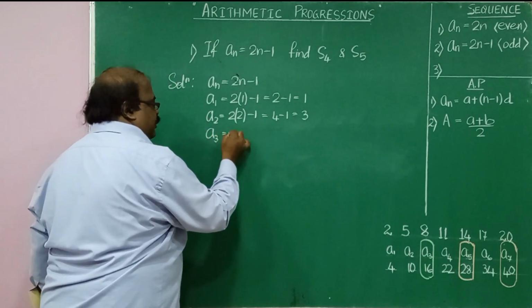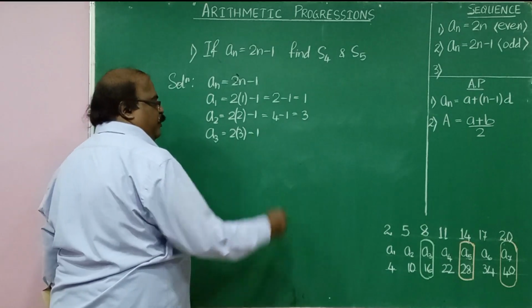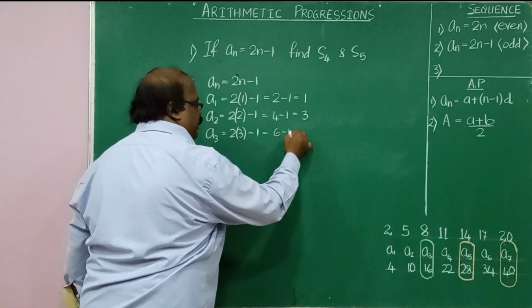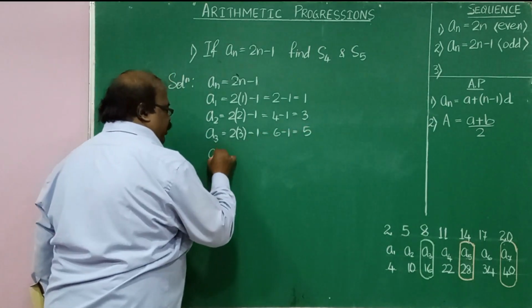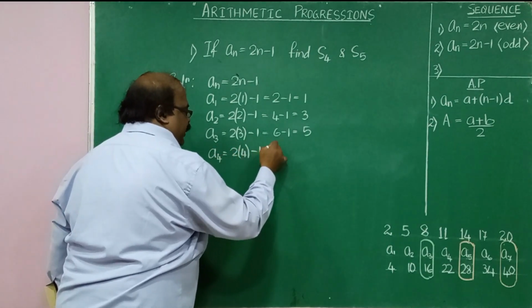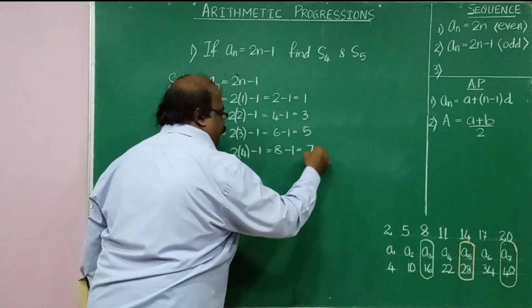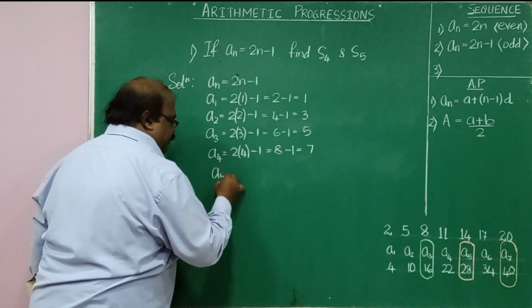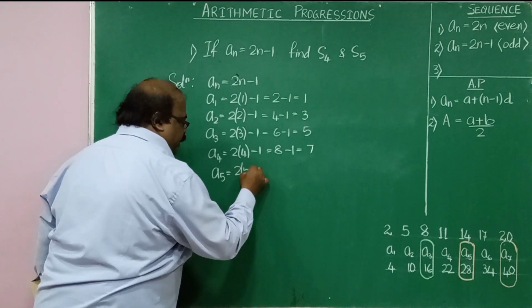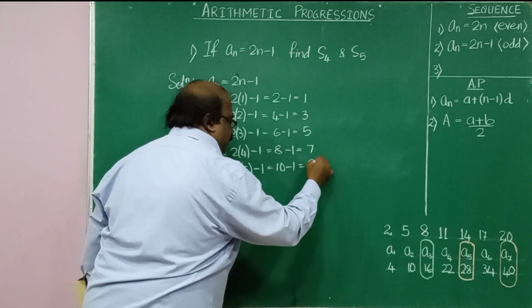What is a3? 2 into 3 minus 1, that is 6 minus 1, 5. What is a4? 2 into 4 minus 1, that is 8 minus 1, which is 7. And what is a5? 2 into 5 minus 1, 10 minus 1, 9.